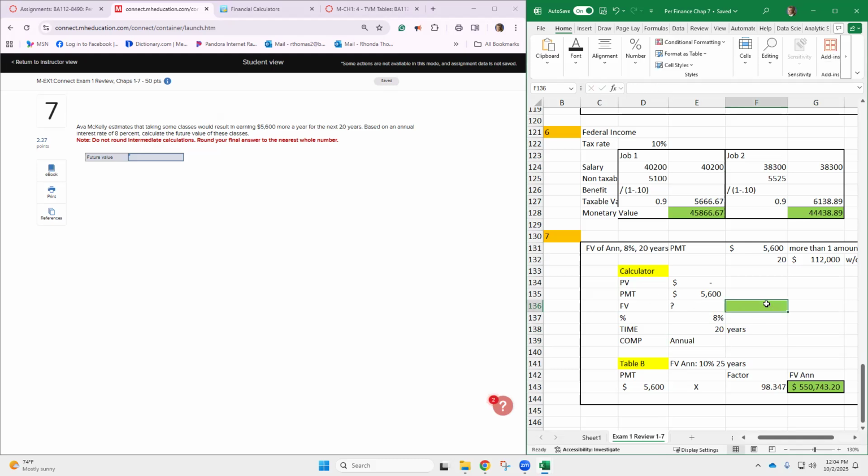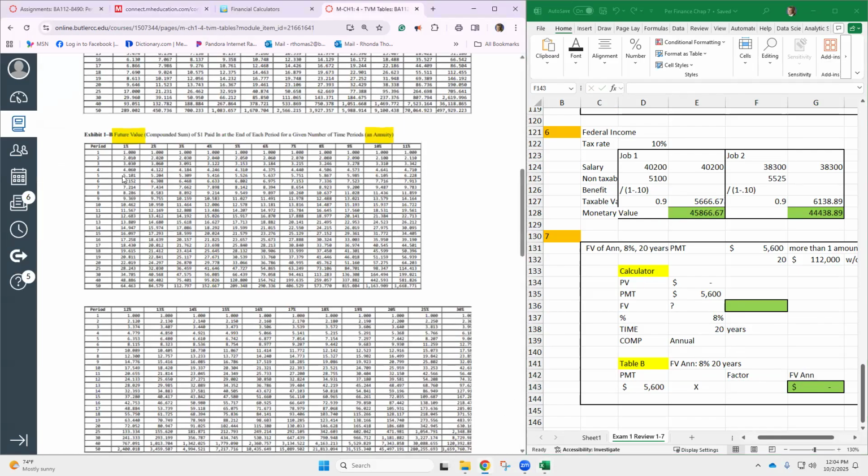We're going to use table B, which is the future value of an annuity, 8% in 20 years. Okay, gotta go find my factor. 8% in 20 years.